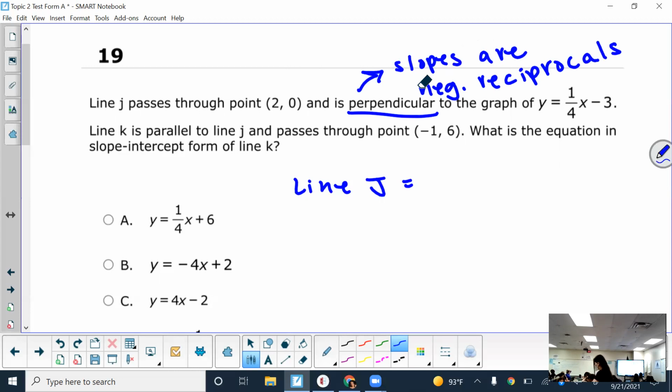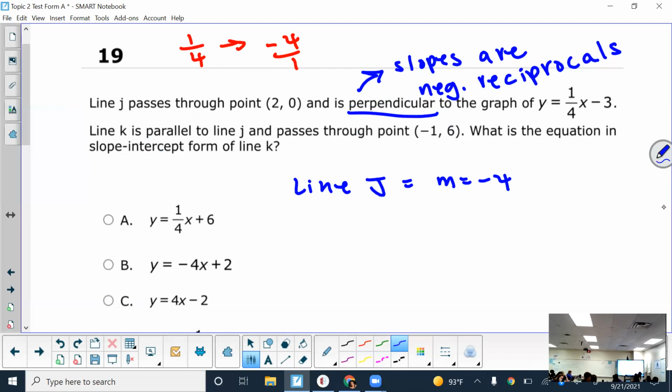So if my original slope that it is perpendicular to is 1/4, what's the negative reciprocal of that? -4/1, or just -4, right? You flip it and you change the sign. So I know that for line J, the slope, the m, is equal to -4. It's perpendicular to that given line. Everyone with me so far?